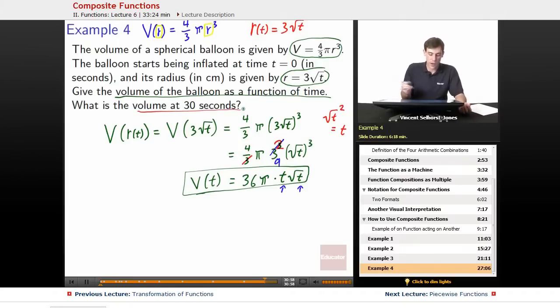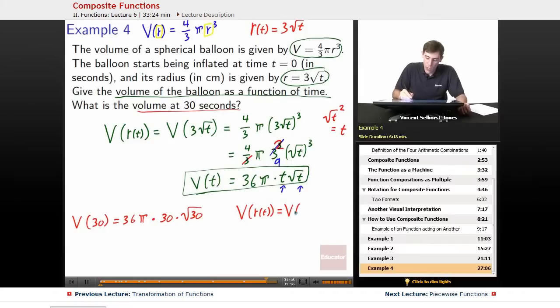Well, we've got two options for how to do this. We could plug into the function that we just built. Volume at 30 equals 36 pi times 30 times square root of 30. Or we could plug in volume of radius at time t, which would be volume of 3 times square root of 30, which would be equal to 4/3 pi quantity 3 root 30 cubed.